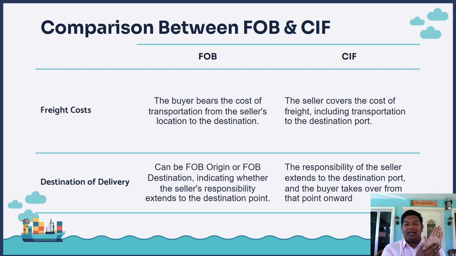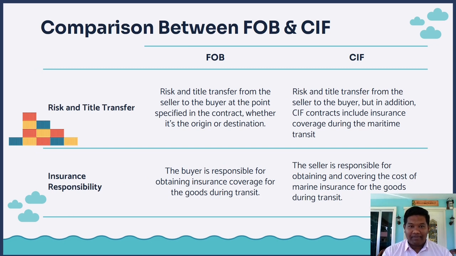To conclude, the comparison between FOB and CIF. Basically, FOB is all about the buyer being held responsible for its own goods from the origin point towards the destination point.